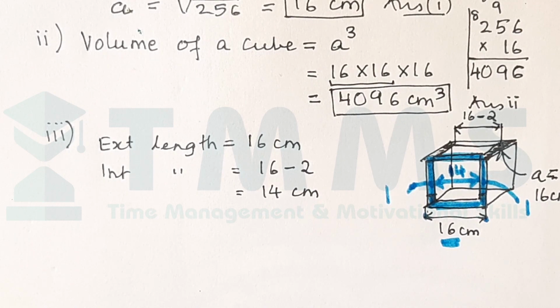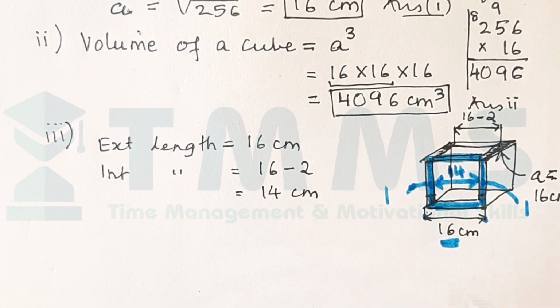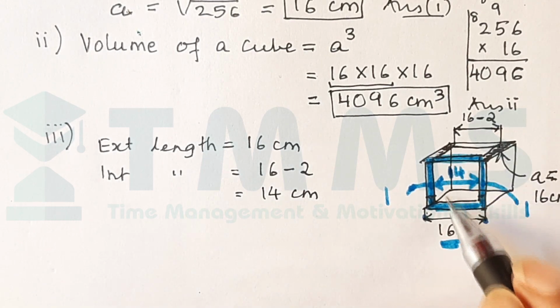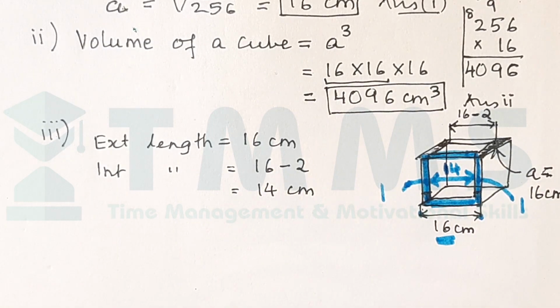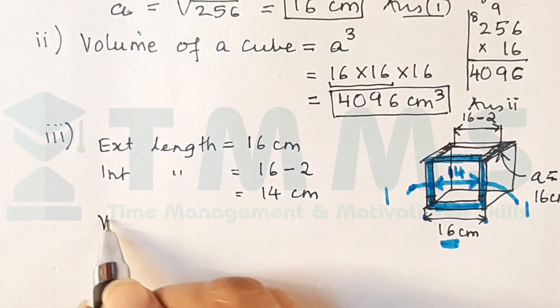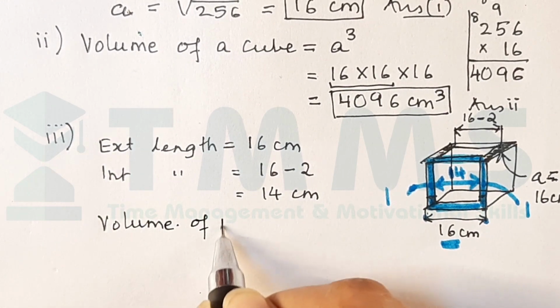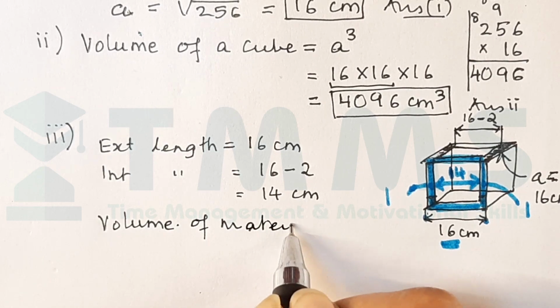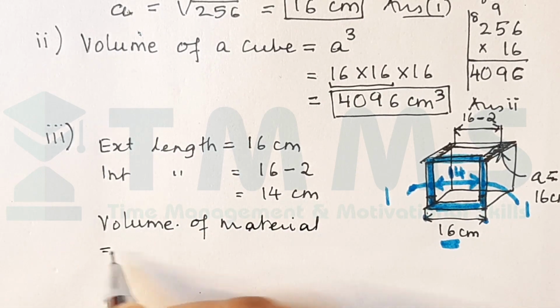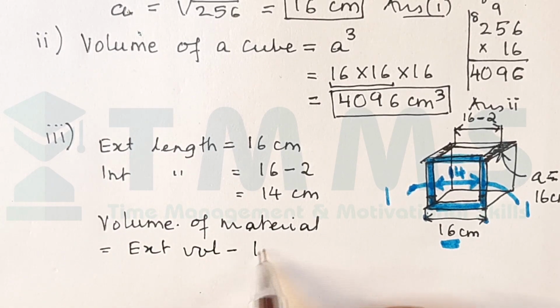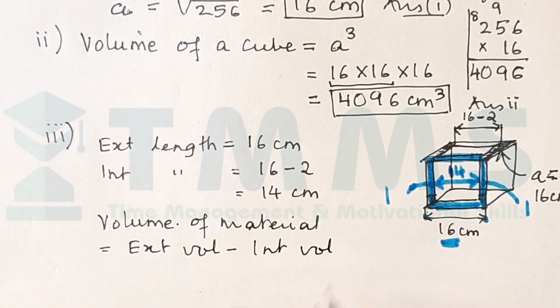Okay. Now if we want the volume of the material, we have to take the external volume, and from that we have to remove the internal volume. Getting it? Alright. So volume of material will be equal to external volume minus the internal volume.